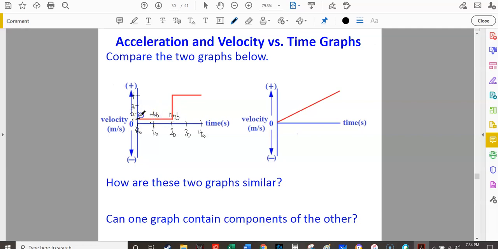So it starts off with a positive 1 meter per second at time 0, and then it ends at positive 1 meter per second at time 2 seconds. And then something happens, and now it's traveling at positive 4 meters per second.